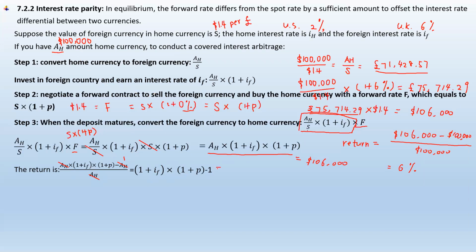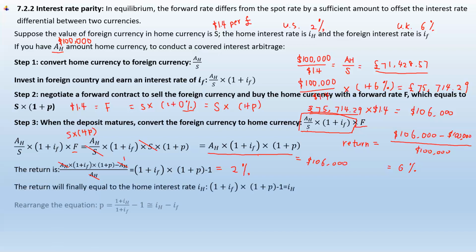And remember, this status is when the covered interest arbitrage is infeasible. When it's infeasible, if the return equals the domestic return, you will rationally not do the covered interest arbitrage. It's meaningless because you can comfortably invest domestically. It's just one transaction, and you earn 2%. So this 2% basically equals IH, the home interest rate.